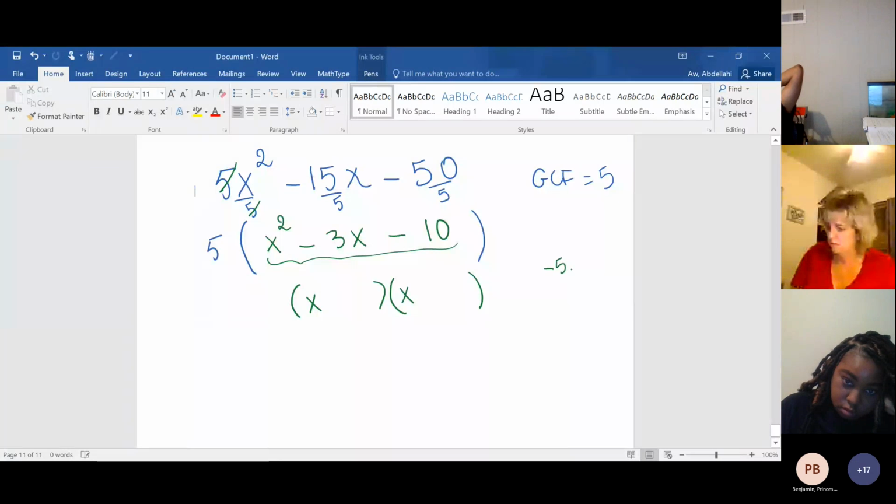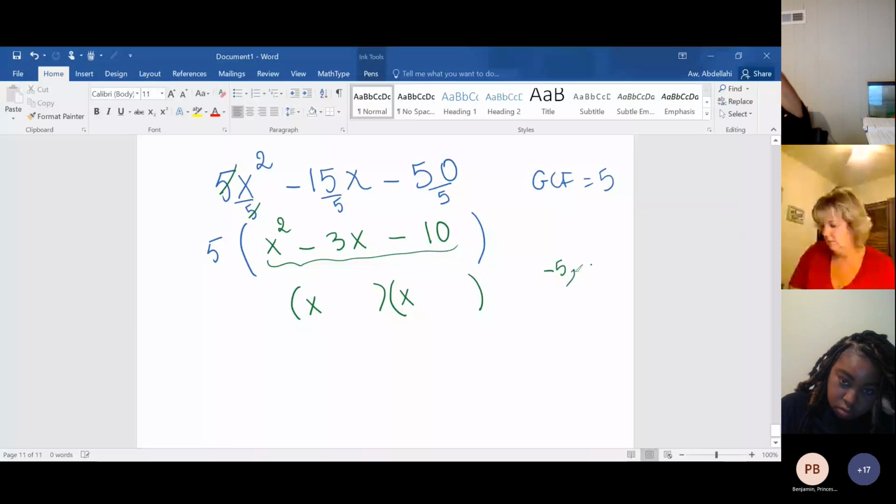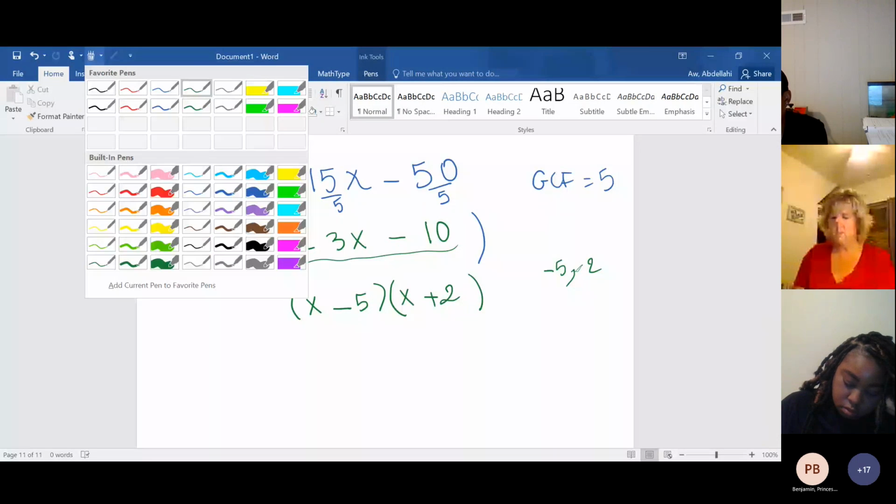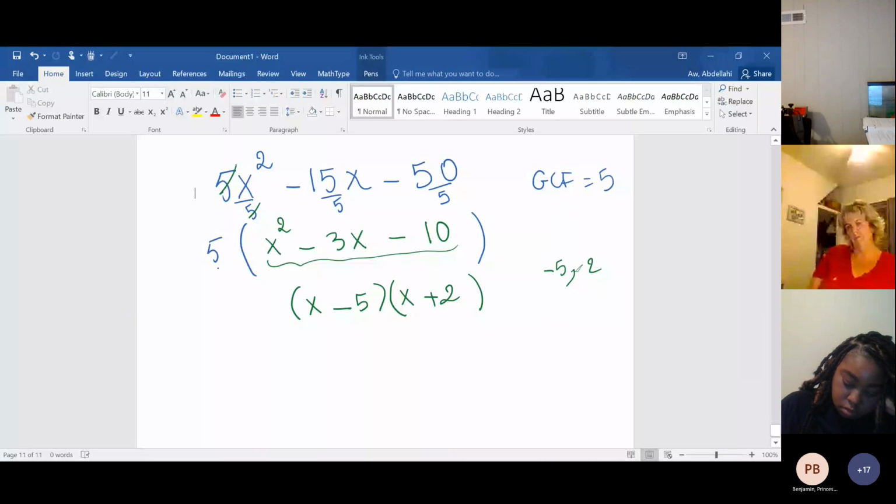Thank you very much. It's negative 5 and positive 2. So x minus 5 here, x plus 2. What can I not forget in my final answer? The 5 in front, exactly. I cannot forget the 5 in front in my final answer.